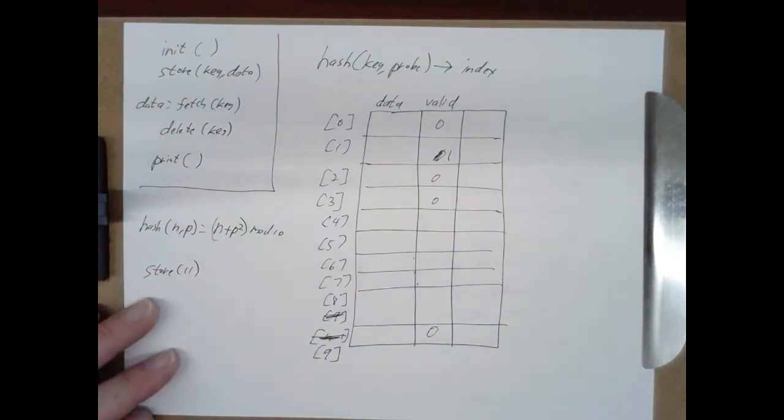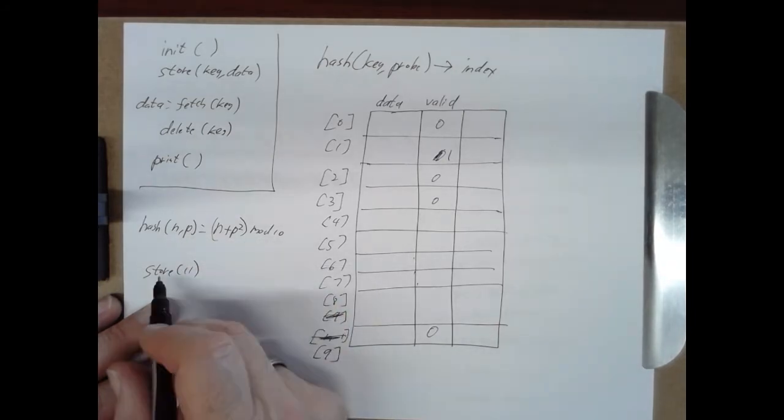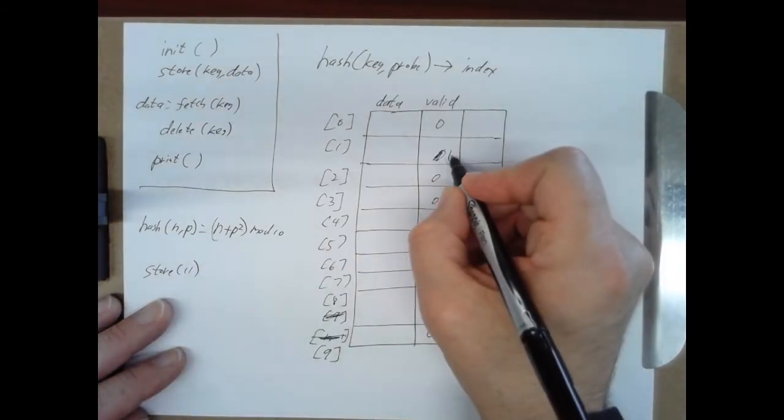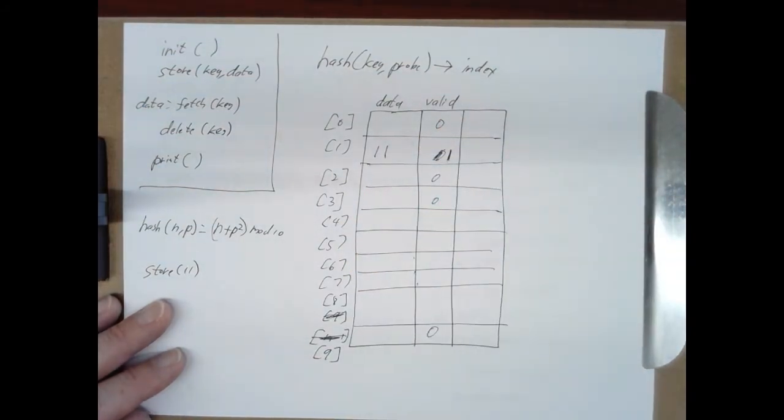So let's store the number 11. So we'll try a probe of 0. We'll hash 11, 0. That gives us 11 mod 10 is 1. And this was a 0 saying there's nothing in there. So we'll store our data here, and we'll set our valid flag to 1.